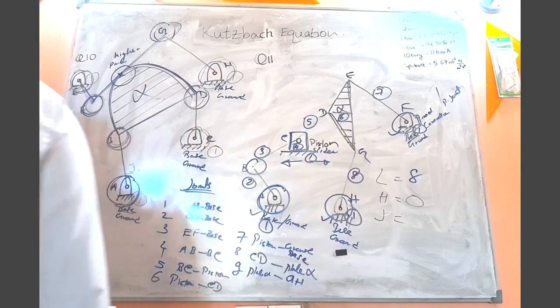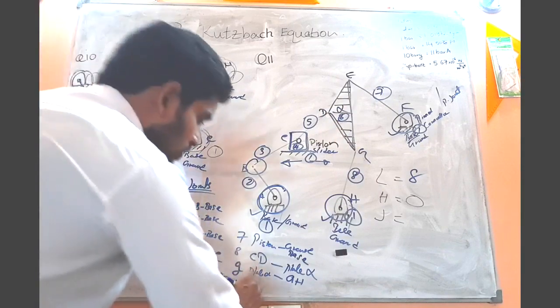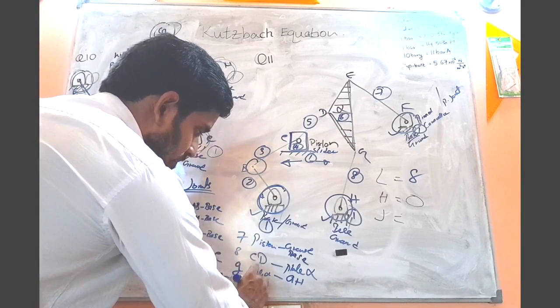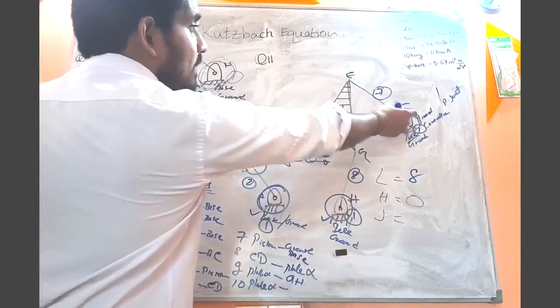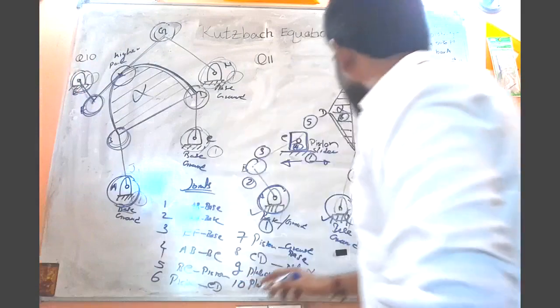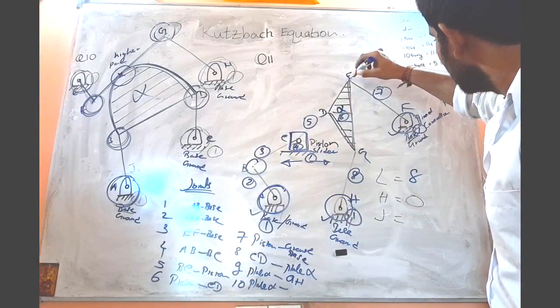Then joint number 10, what is joint number 10? That is the joint required in order to connect plate alpha with the link EF, right?